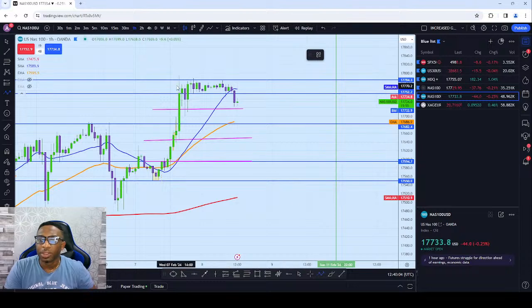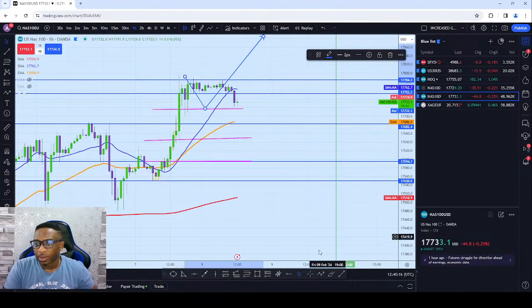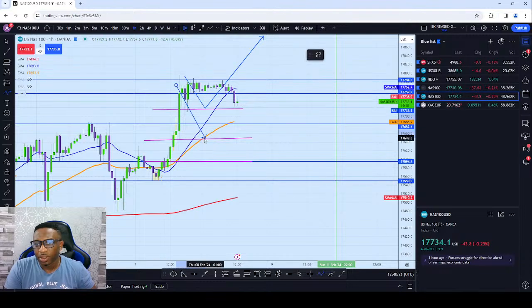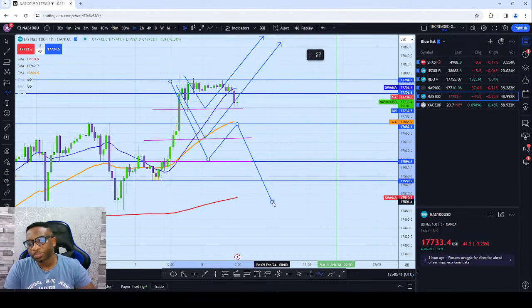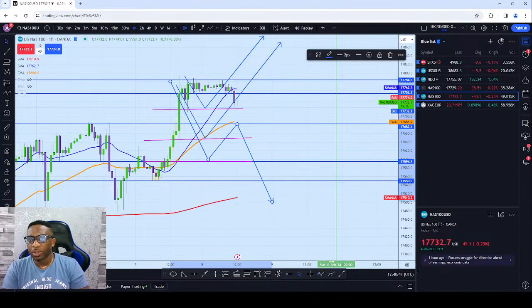But if price decides to come all the way, this is what could happen. This could also be another idea where it can do this. But if price comes all the way from here to this low, it might just do something like this and then drop.